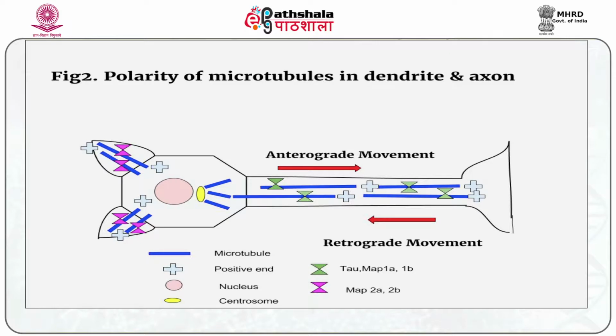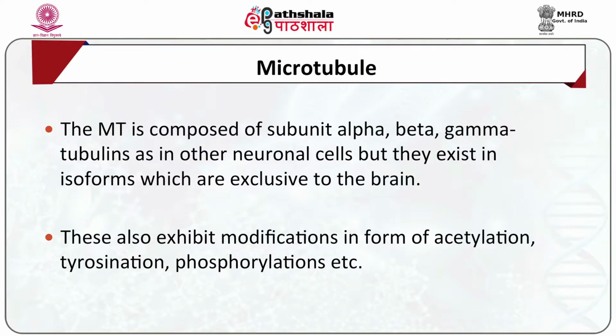Moreover, the microtubules are composed of subunits alpha, beta, gamma as in all other cells, but their isoforms are exclusive to the brain.